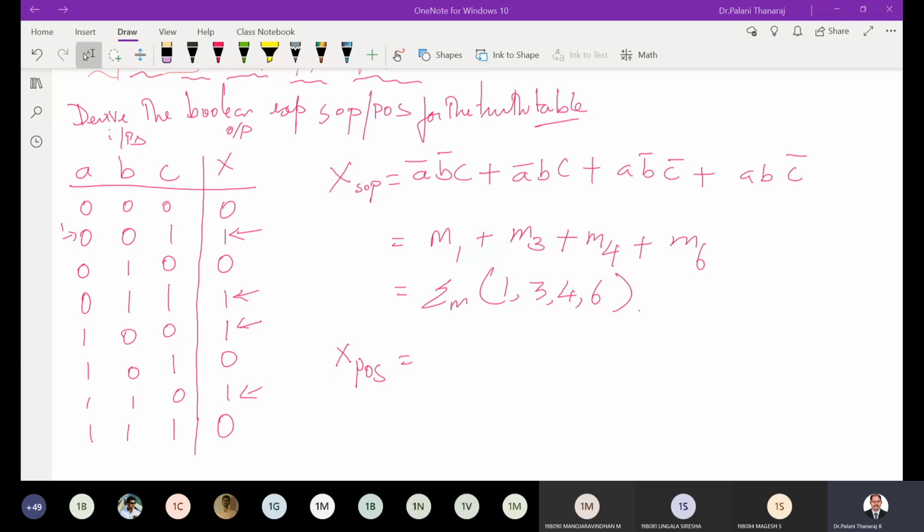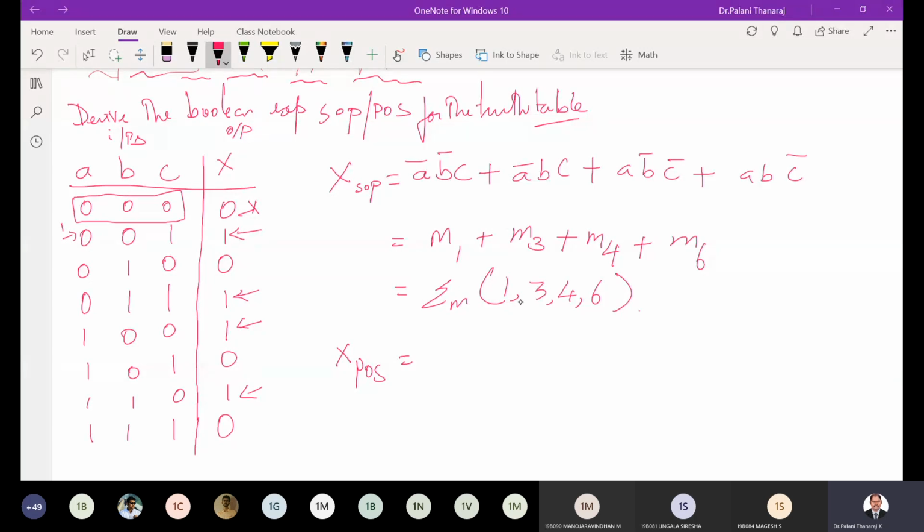Nixon, so now you have to tell me the POS form. First give me the expression form. What do I have to do with this POS form? Tell me what I have to see in the X column. Yes, I have to see the zeros, and for that particular input combination, I have to write a sum term. The first 0: what is its input combination?